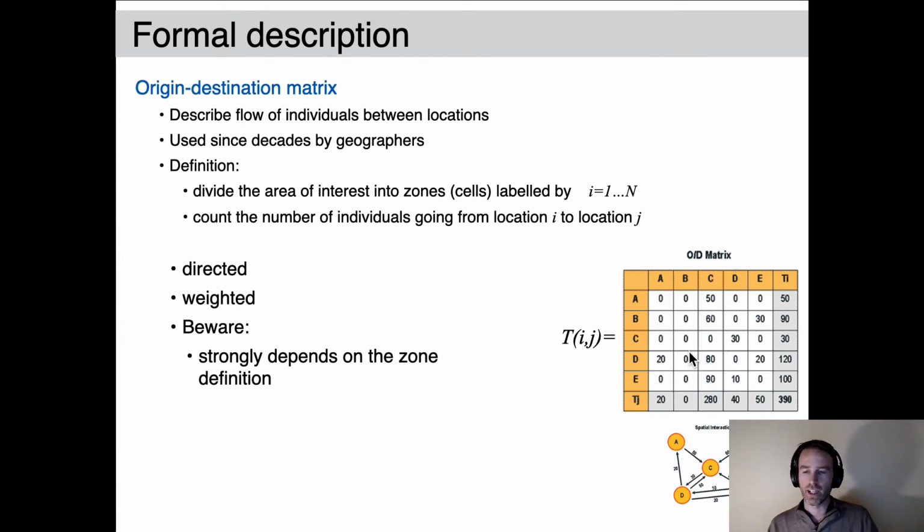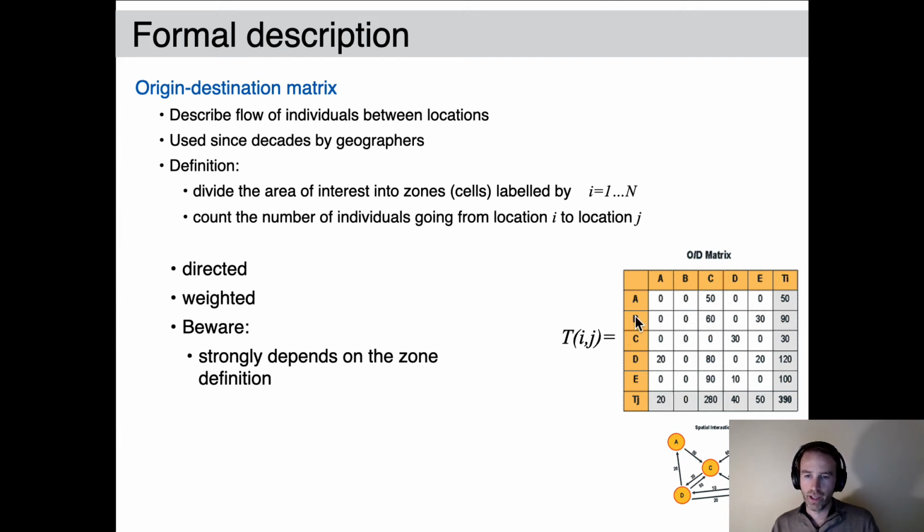The idea is that you create areas in your zone of study. So, for instance, let's say that you want to study, I don't know, the city of Lyon. You will choose areas corresponding to neighborhoods, for instance, and for each neighborhood, you will count, for instance, the number of trips or the number of phone calls from one area to the other.